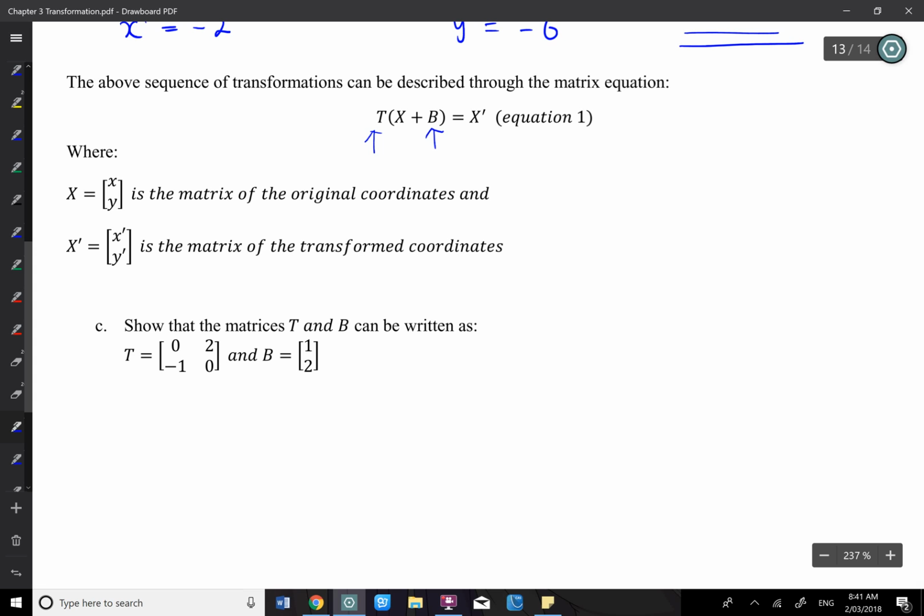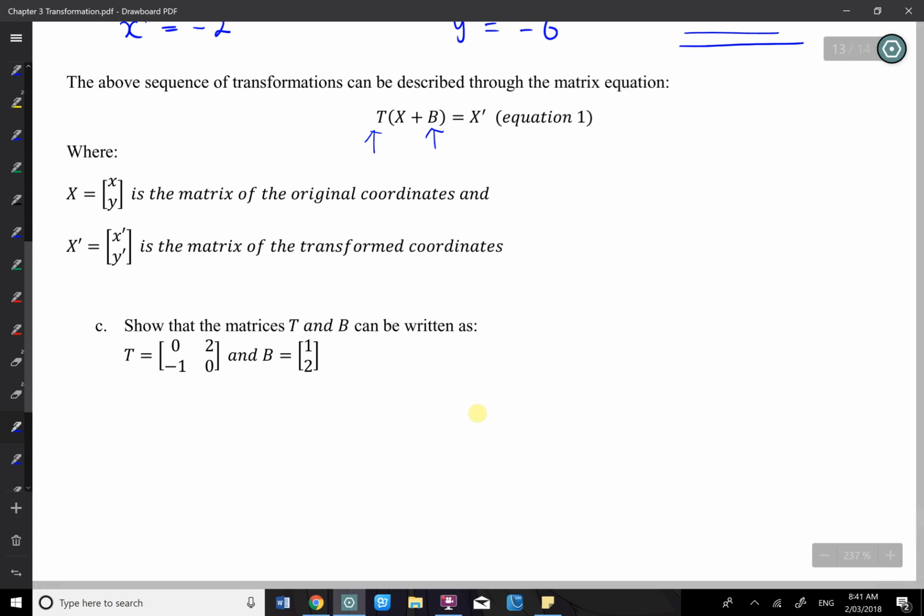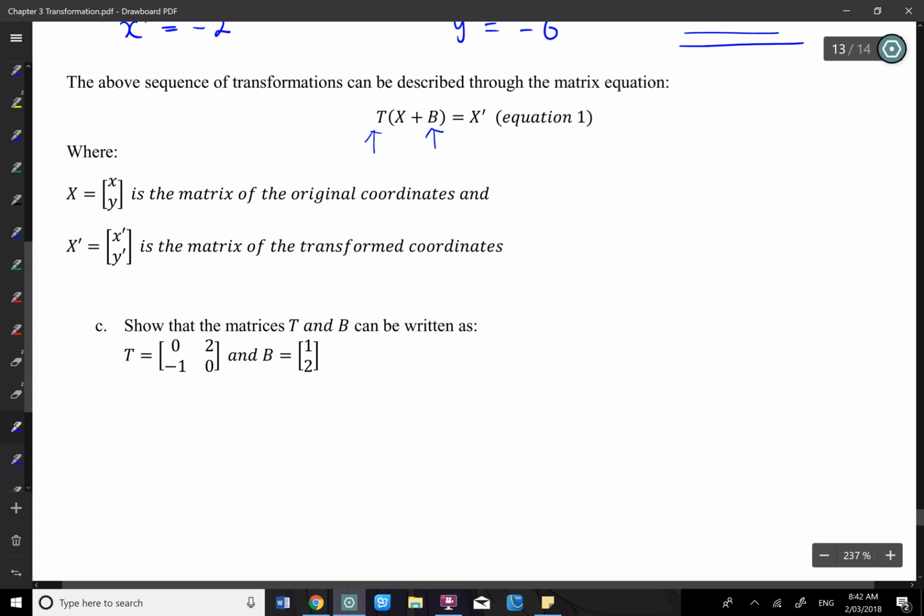Yesterday when I returned the paper to you, the chapter 1 and chapter 2 test, I saw there was a "show that" question, and some of you still don't know what a "show that" question is. For a "show that" question, you can't use the answer given in the question. For example, in this question, show that this matrix is this and that. In your working, you can't use that one.